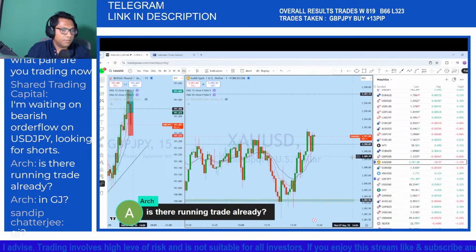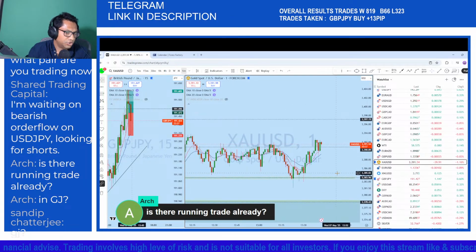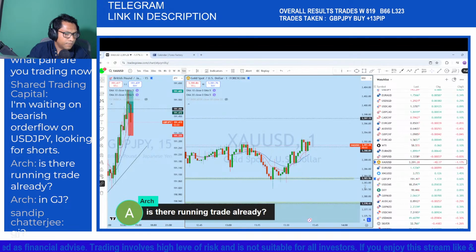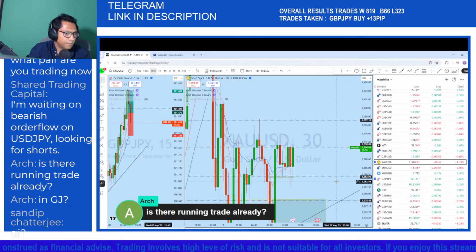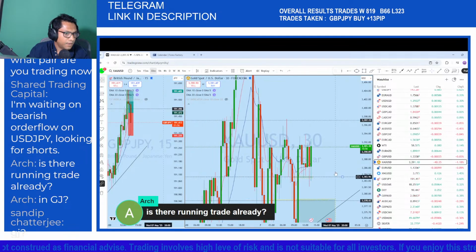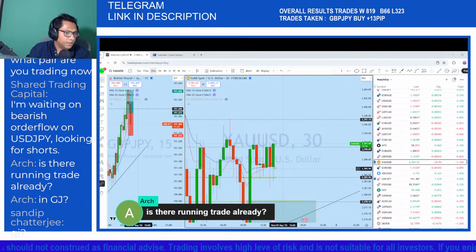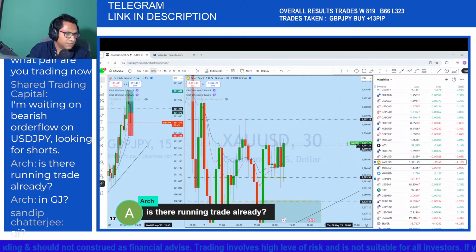Now, because the market is still showing that bullish trend, it's a fully sideways market at the moment. And if we look at, as you can see, there is a red, green, again there is a green candle.